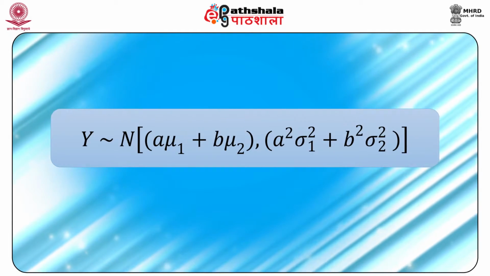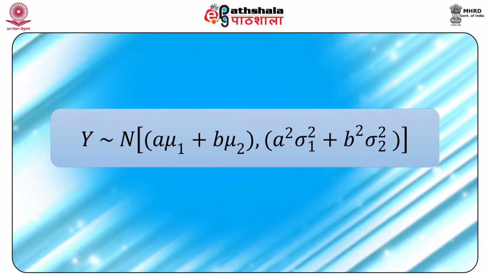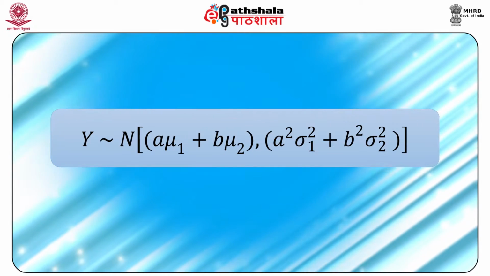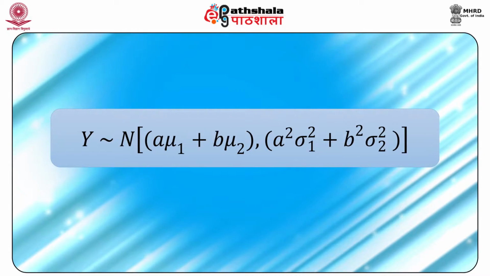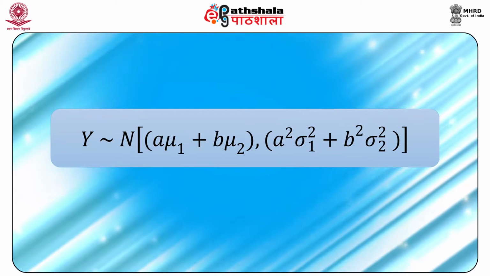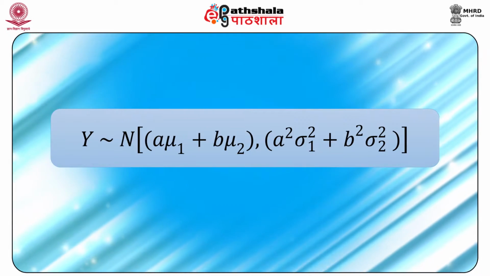Then the linear combination of both the variables can be written as follows: y is equal to a x1 plus b x2, where a and b are constants. We can then show that the distribution of y is normal and its mean is equal to a mu1 plus b mu2, and the variance is equal to a square sigma1 square plus b square sigma2 square.